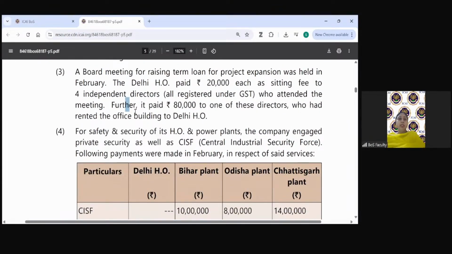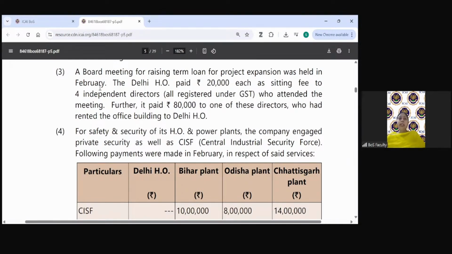Let us see the next information relating to Delhi HO. It says that the board meeting was held in which each of the directors was paid 20,000, and there were four directors. So when four directors were there, the amount becomes four times, and it will become 80,000. Services provided by a director to a body corporate in the capacity of a director are taxable under reverse charge.